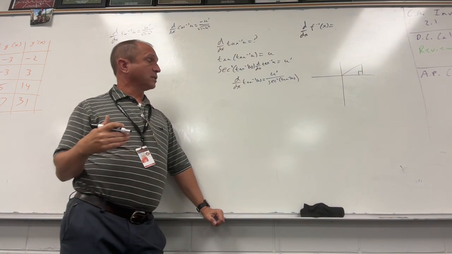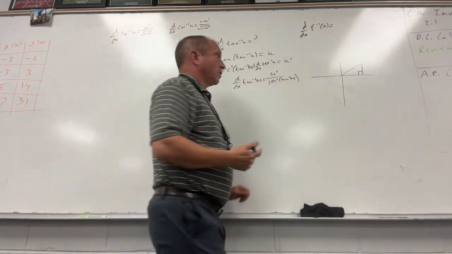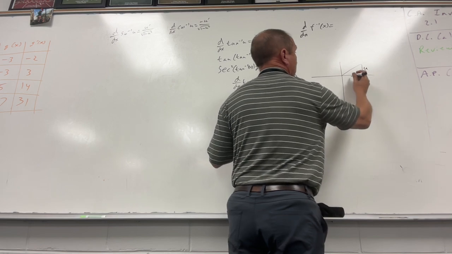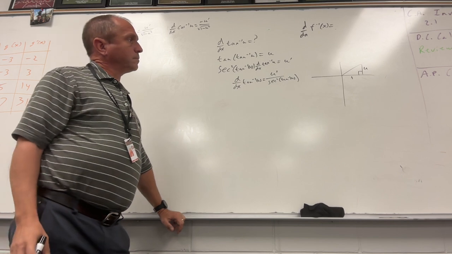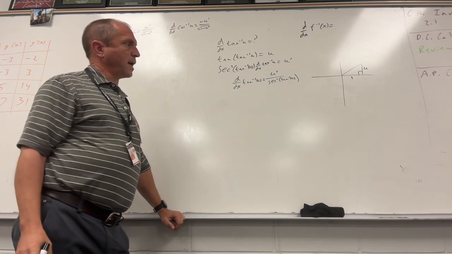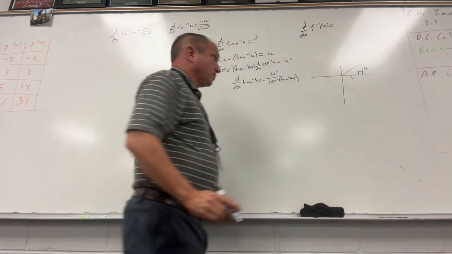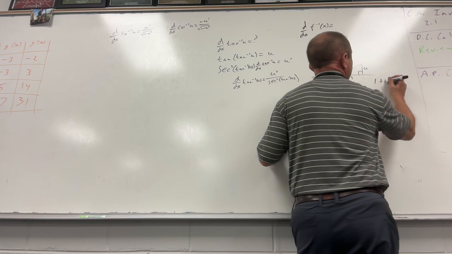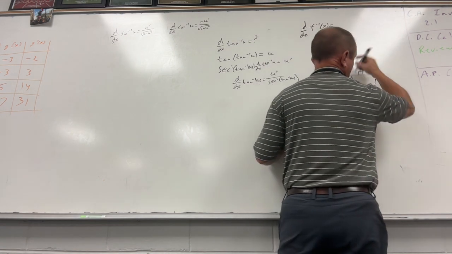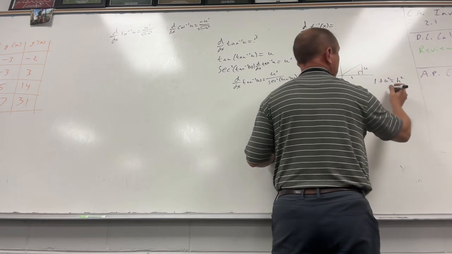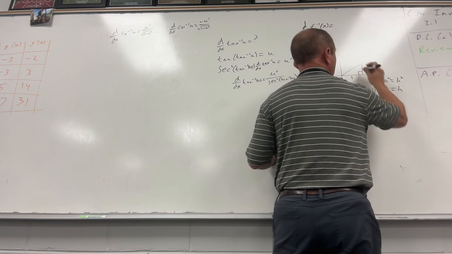So tangent is opposite over adjacent, so u is the same thing as u over 1. So this time when we solve the triangle out, we're going to be looking for the hypotenuse. So 1 plus u squared equals h squared. So h is going to be the square root of 1 plus u squared.